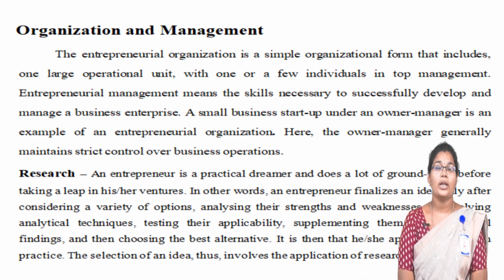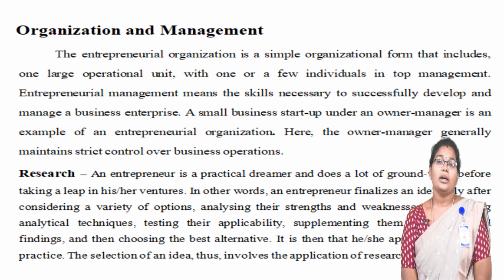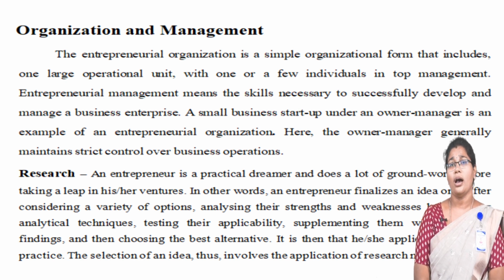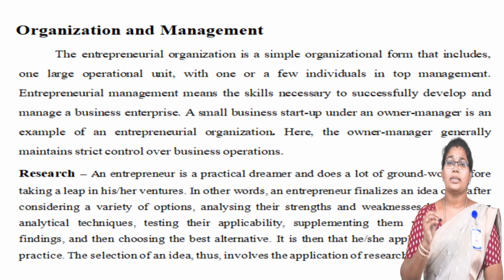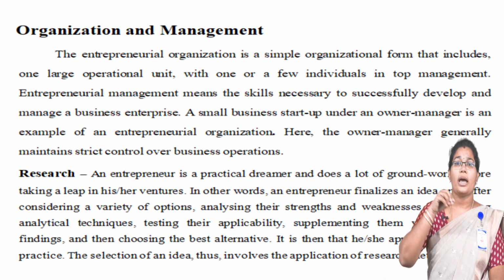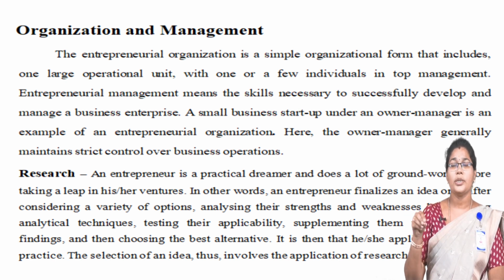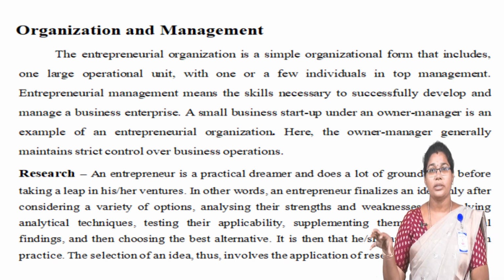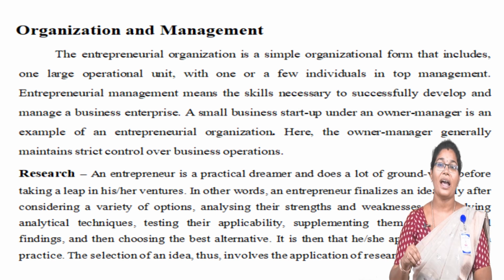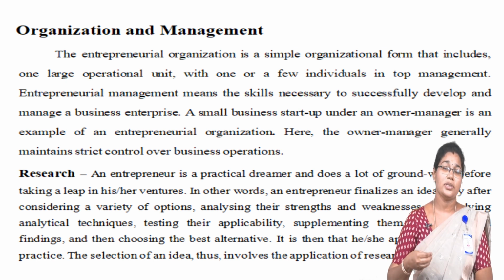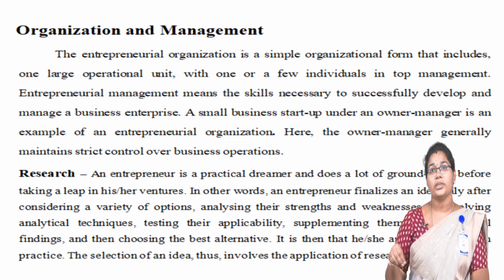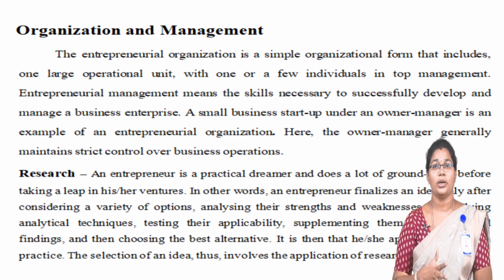So startup level of business always has some struggles. After that, because of the relationship between owner and manager, that relationship should be managed: how to organize, how to plan, how to coordinate the persons or employees. So these are your organization and management process.